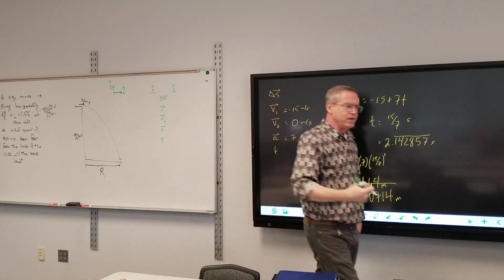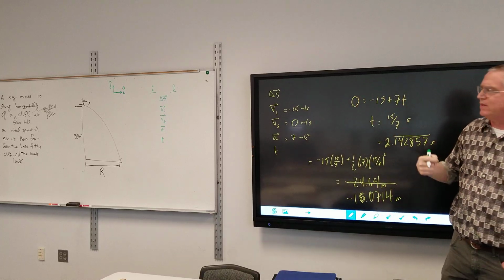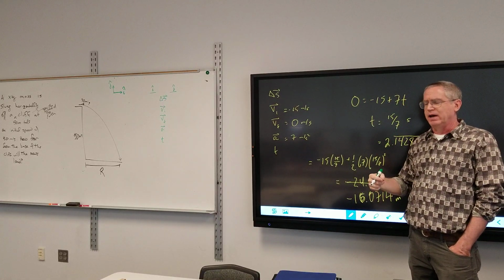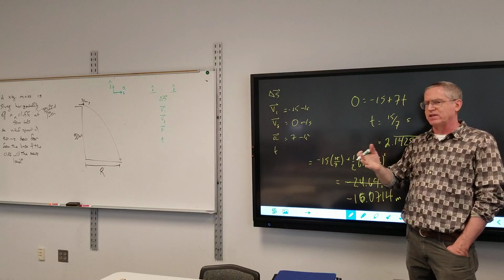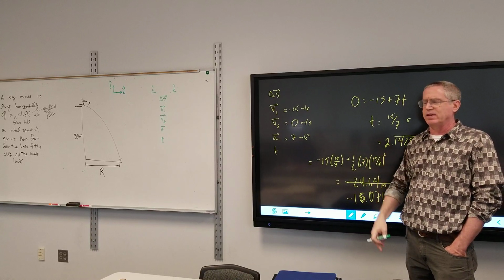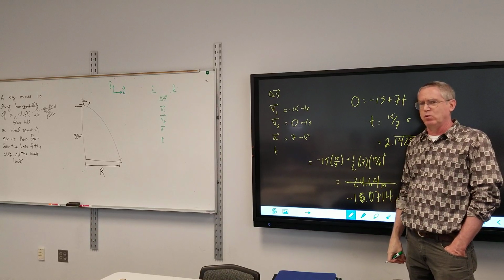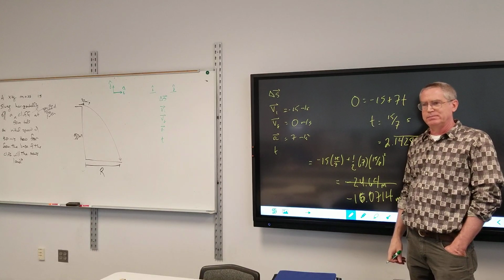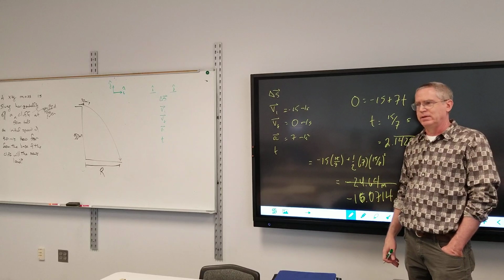Time is the one thing that is going to be the same for both. It will be in the air vertically as long as it's in the air horizontally. I've tried to think, are there some bizarre physics exceptions to that? And I cannot think of a single exception to that. When you get to quantum physics, there's just some bizarre stuff that can happen.